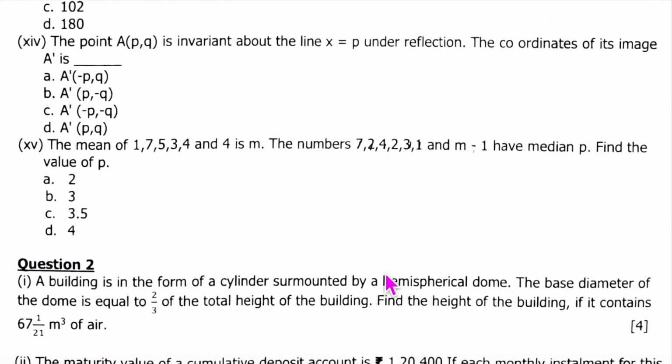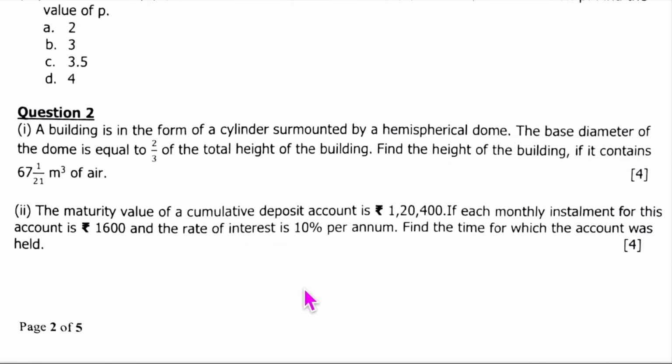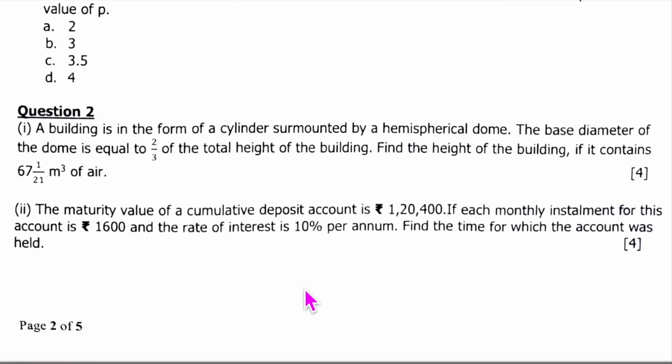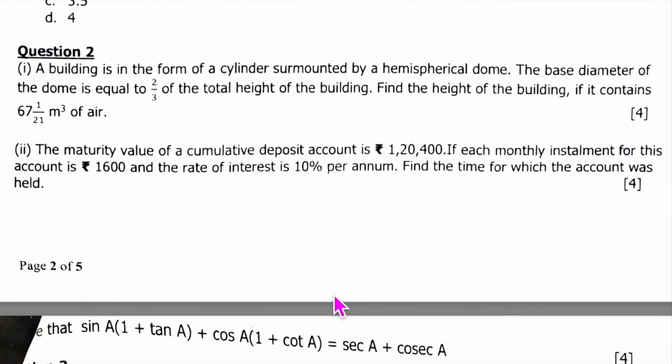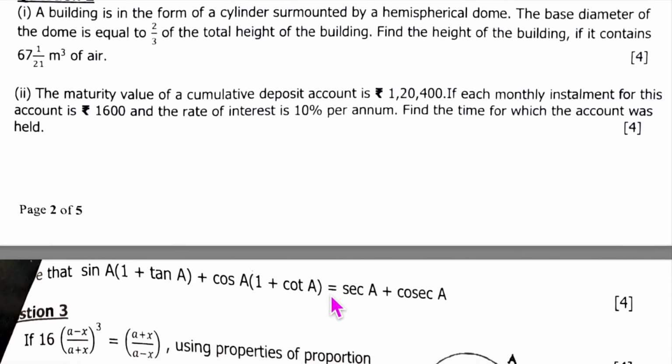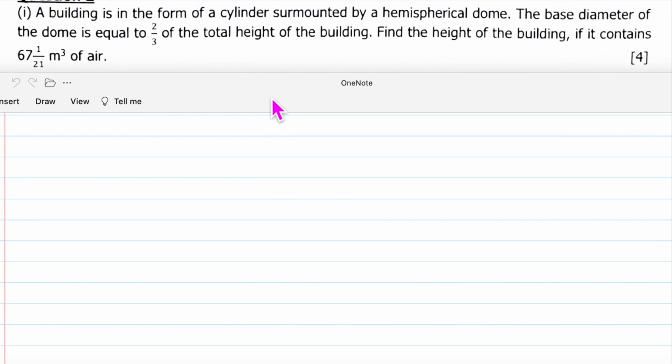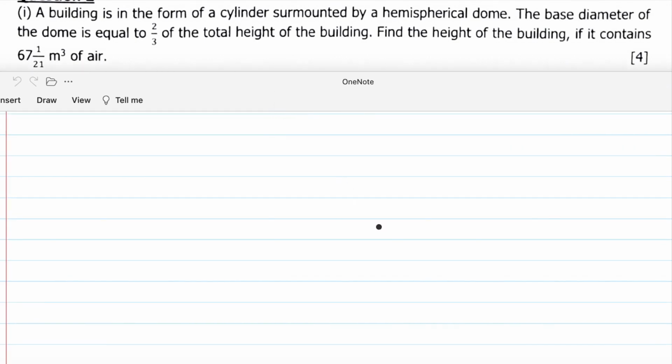Now lots of you got troubled because of this question number 2A. Okay, so I need some space for that. All right, some of you tried to solve this without the diagram.